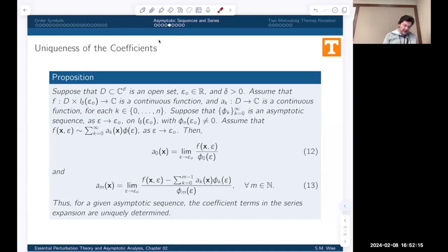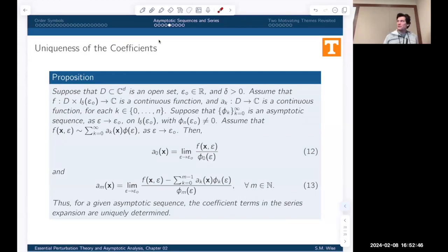So if I have an asymptotic power series expansion of f in this sequence, I'll call this a power series too, even though these aren't specifically powers. Then the first coefficient, the leading order or the zero order, is given as the limit of f over phi naught as epsilon goes to epsilon naught.